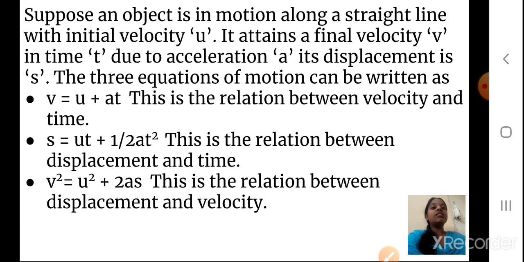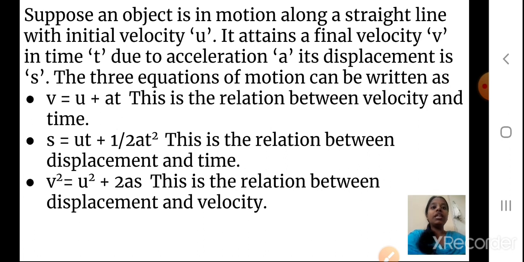Velocity will change when the object is moving, so the final velocity it reaches we will consider as v, in time t, due to acceleration a. So these are all the symbols for the particular terms which you have to remember. Its displacement is s.